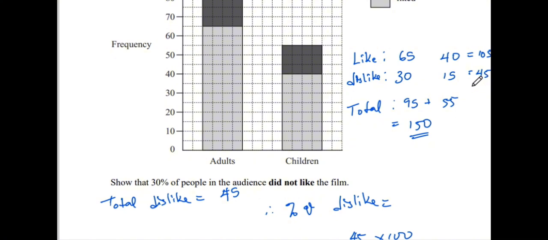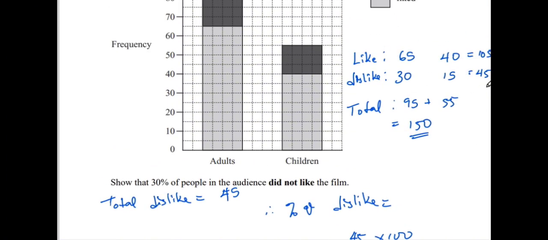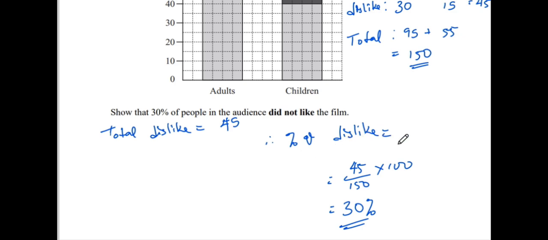Now the question says you should show that 30% of people in the audience did not like the movie, or the film. We're calling it movie. So the total of people that dislike the movie is 45 in number. The percentage of dislike is 45 over the total number of the audience, which is 150, times 100. When you do that little calculation, you're going to have 30%.